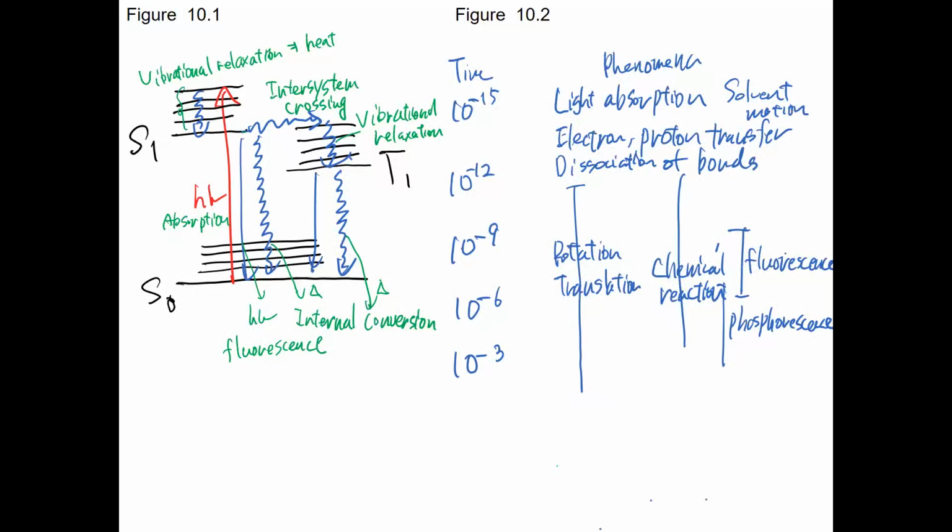But the light emitting process is called phosphorescence. So here is the diagram which shows various photo-induced processes.